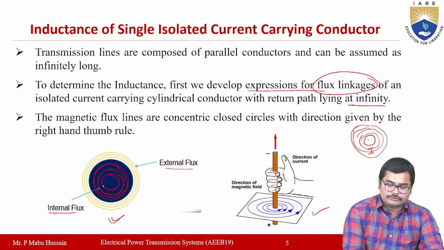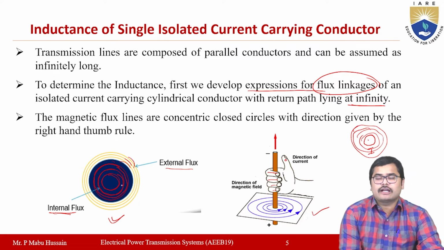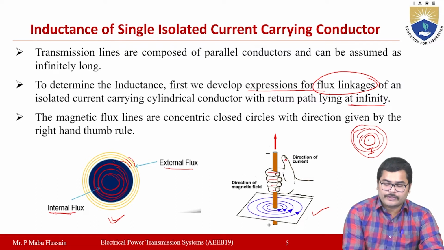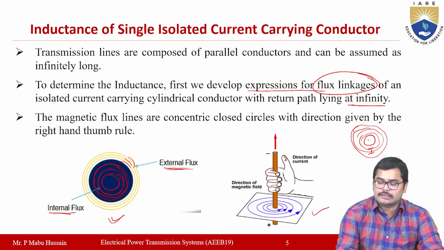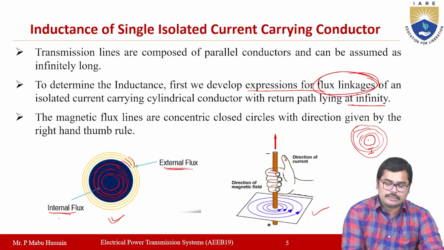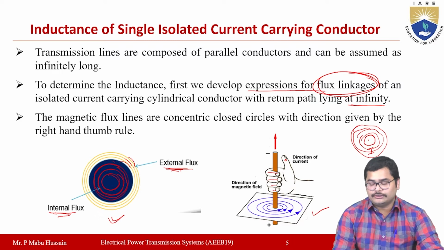The flux which is internal to the conductor is called the internal flux. After the conductor also you have some flux lines, which are also concentric circles. The flux which is external to the conductor is called the external flux. So while determining the flux linkages, you have to consider both the internal flux as well as the external flux.